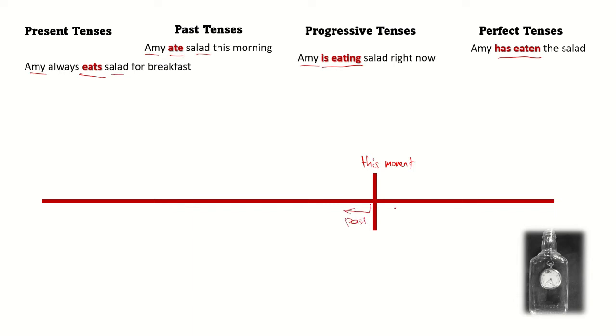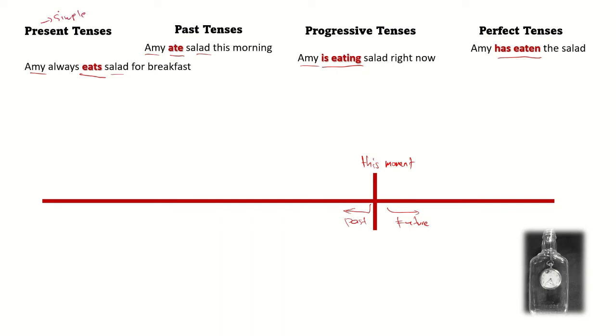And the future happens in the future. I mean, the sentence expressed using the future tense means that the event happened in the future, after this moment, not before this moment.